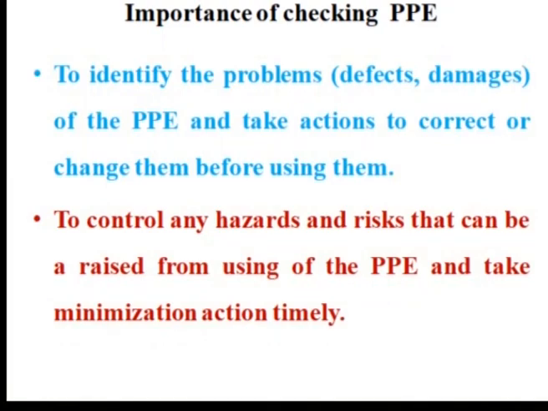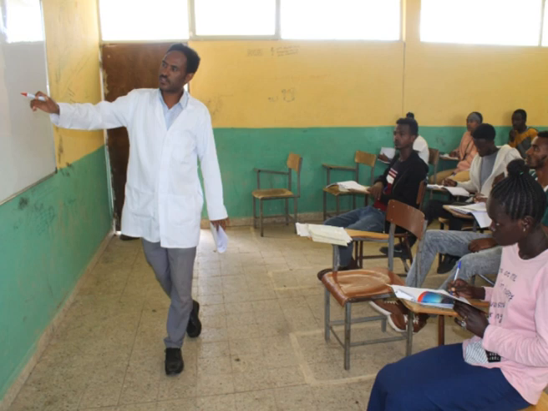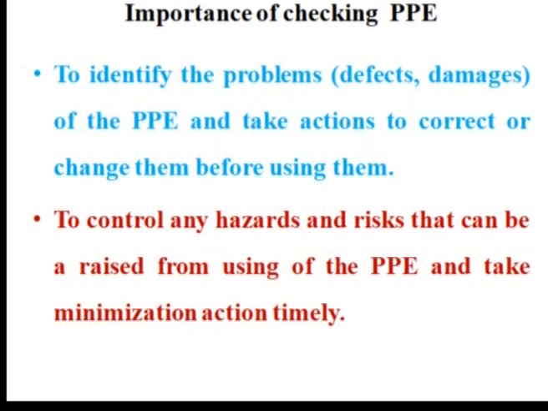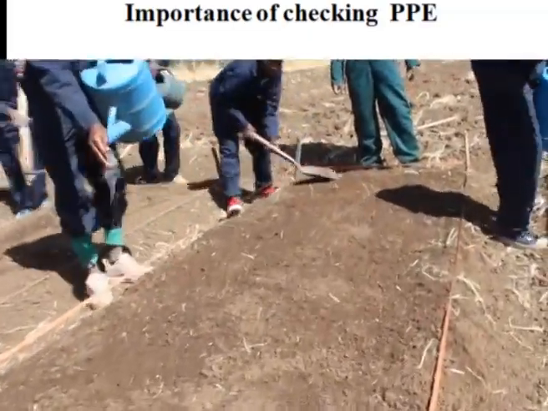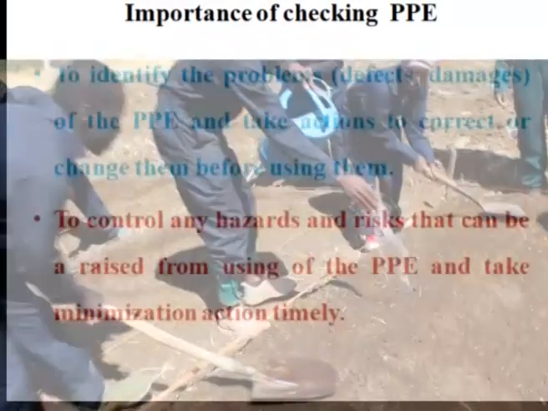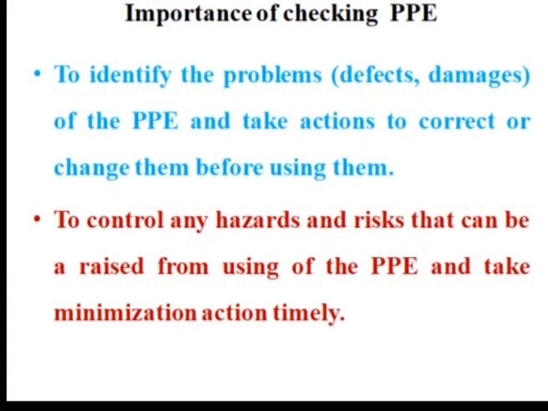There are at least 2 types of importance. The first one is to identify the problem, defect or damage of the PPEs and take action to correct or change them before use. And the second one is to control any hazards and risks that can arise from using the PPE and take minimization action in time.